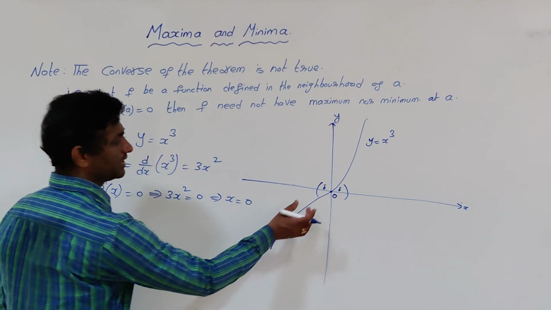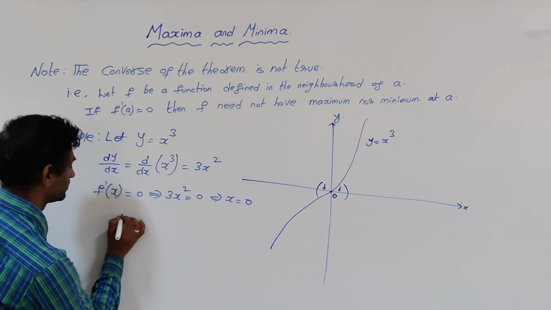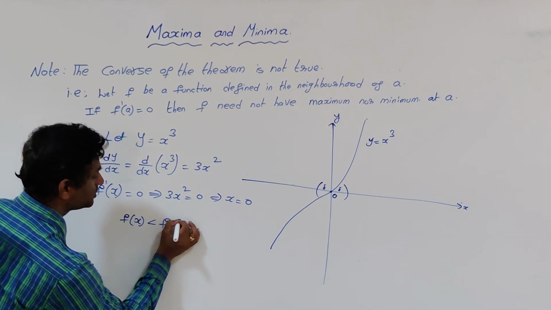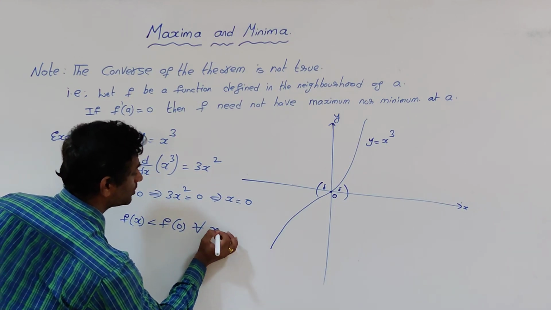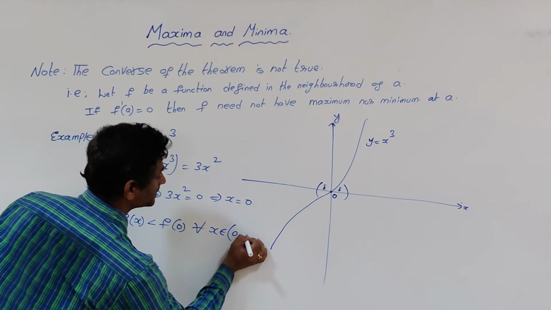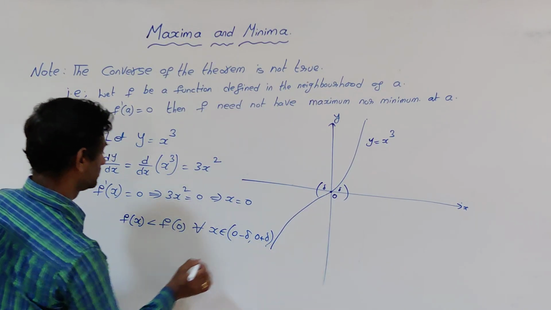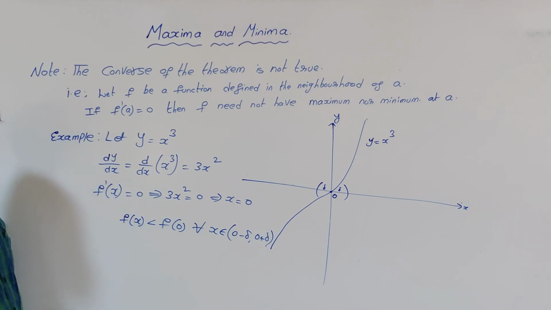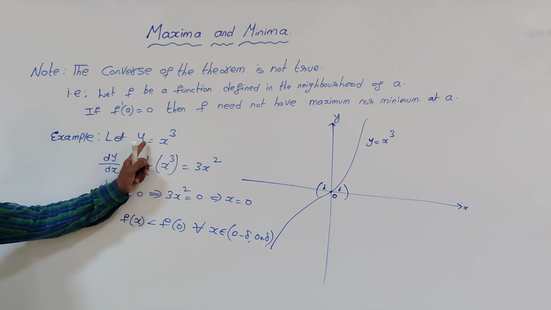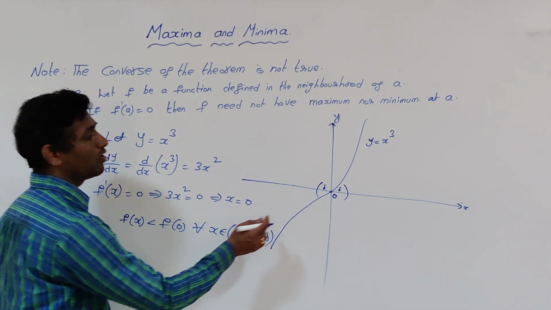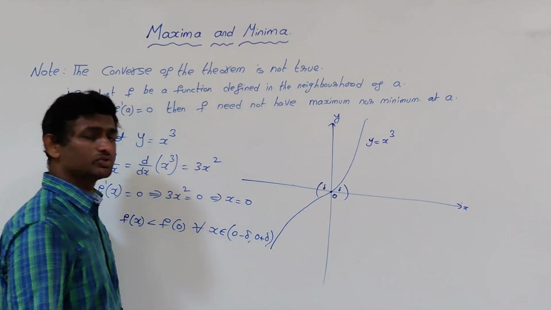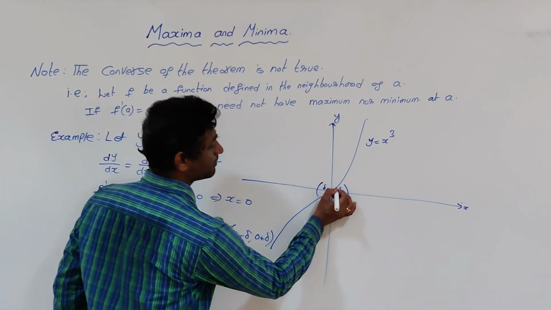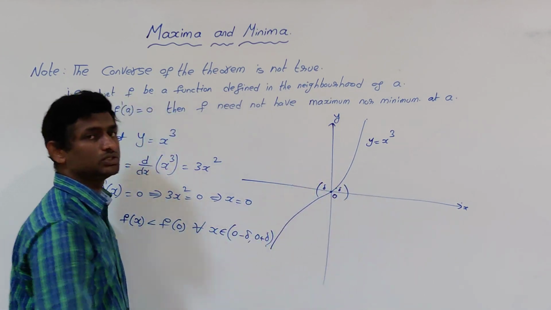Can we have f of x less than f of 0 for all x belonging to the open interval 0 minus delta comma 0 plus delta? What is f of 0? f of 0 is 0. Can we have all the values less than 0? No, because there are some points which are greater than 0.